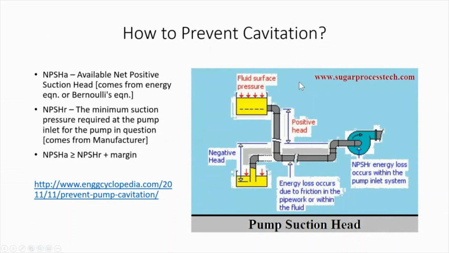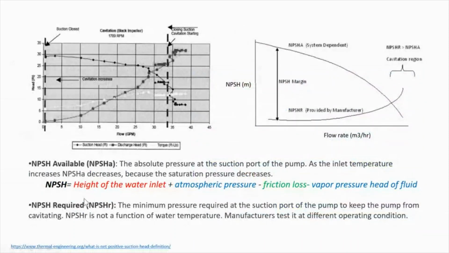Okay, so how can we prevent the cavitation? Well, if we want to prevent the cavitation, we need to make sure that the NPSH margin, this gap, is as large as possible. And how can we have it? In NPSHR, or the required pressure, designers have no control, or users have no control.